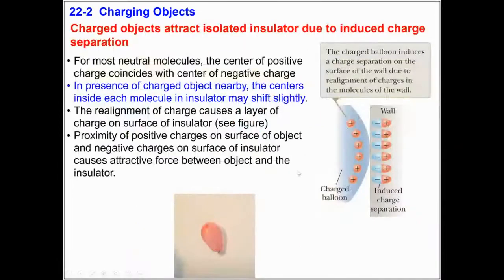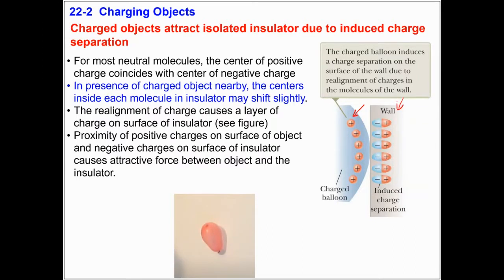Okay. Now, final thing about charging, we go back now to the balloon. Actually the balloon was negatively charged, but let's assume the plastic here or whatever we are charging is positively charged. Okay, and we bring it close to the wall.